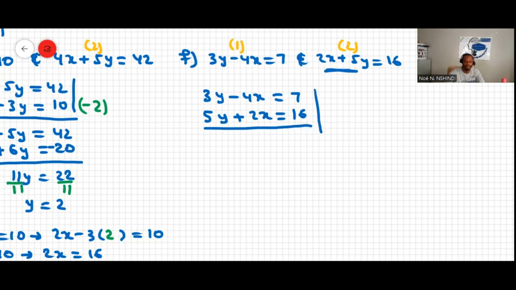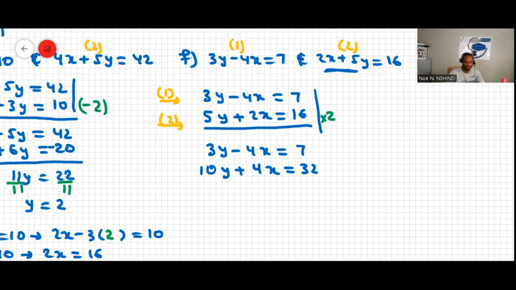I think it's going to be easier that way. So I'll multiply equation 2 by 2, the whole equation. So this will be 3y minus 4x equal to 7, and that makes 10y plus 4x equal to 32. Now, that was equation 1, that was equation 2.